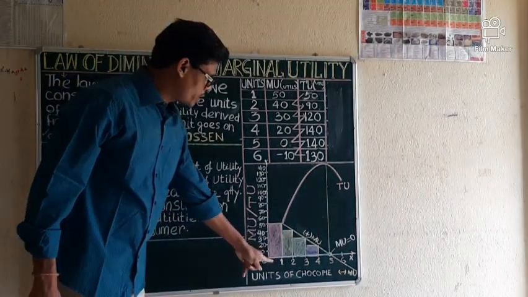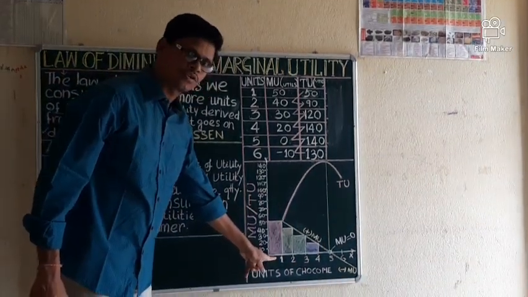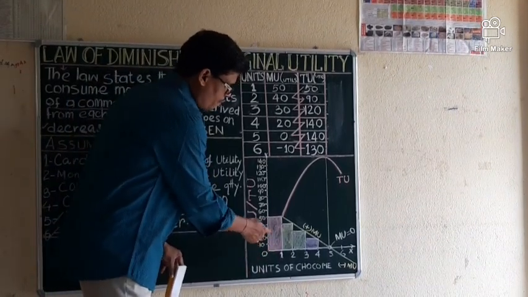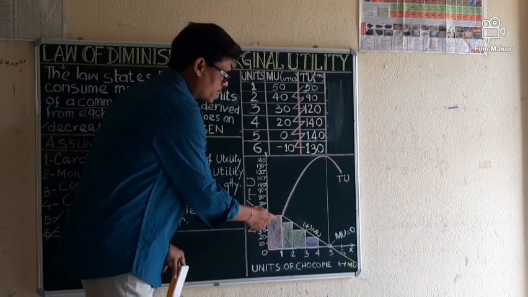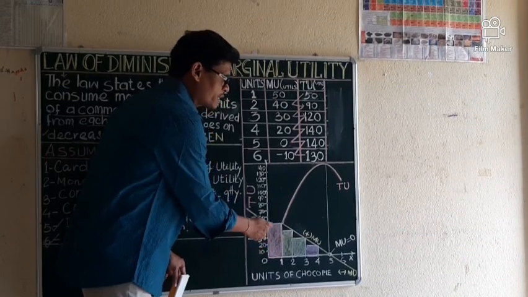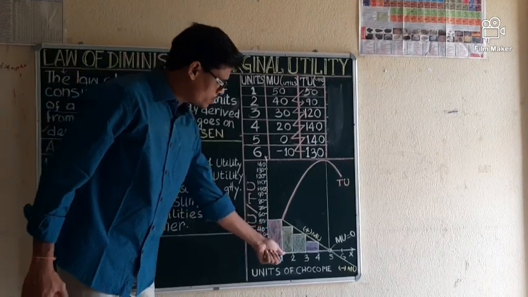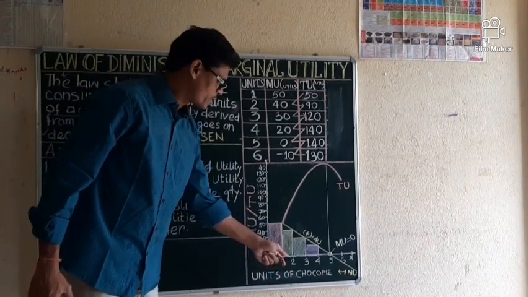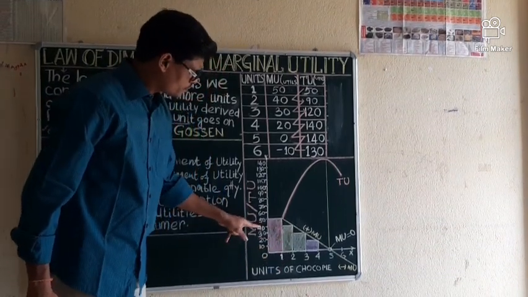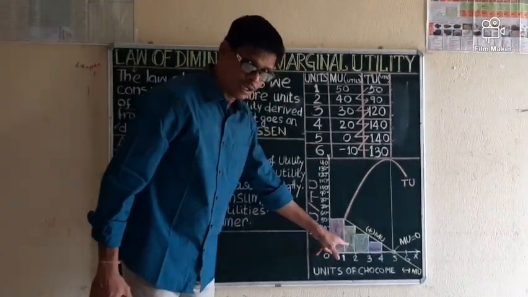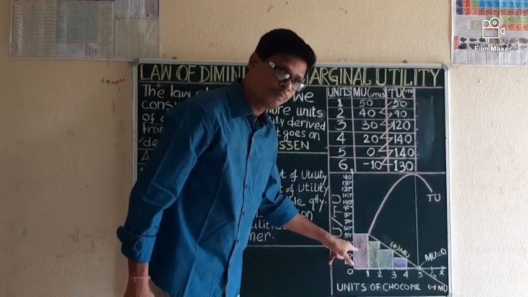When you are consuming the first unit of Lotto Choco Pie, it is giving satisfaction equal to 50 utils, and the rectangle is the pink shaded rectangle, which is the biggest one. When we are consuming the second unit, it is giving 40 utils, which is equal to the rectangular area shaded in yellow color, which is smaller than the pink one.